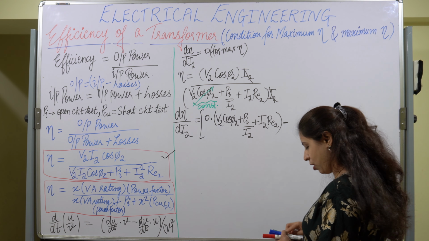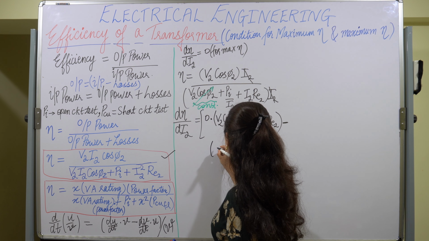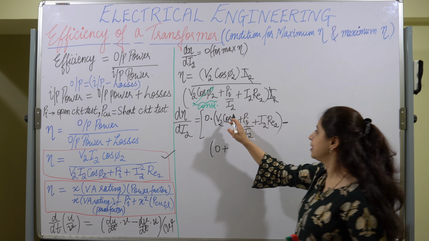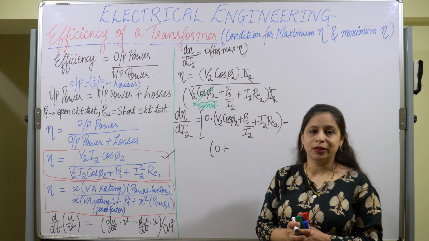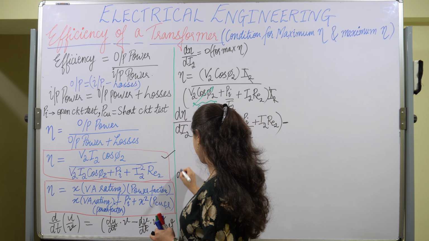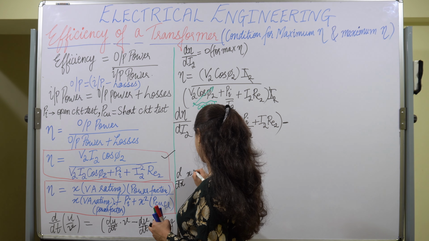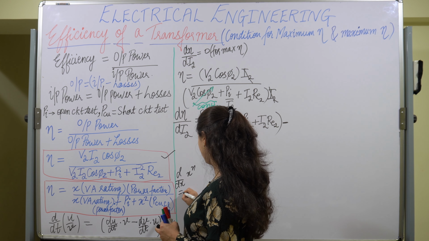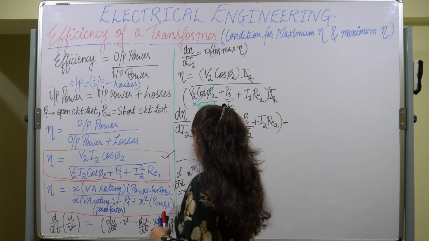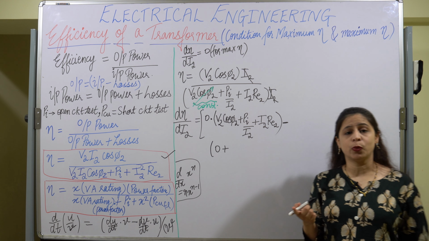So we'll get 0 plus, it is 1 upon I2, that means I2 to the power minus 1. The differentiation of x to the power n is n x to the power n minus 1.